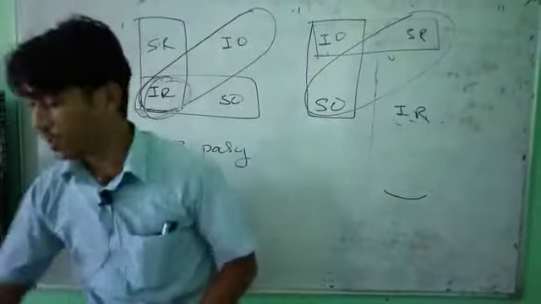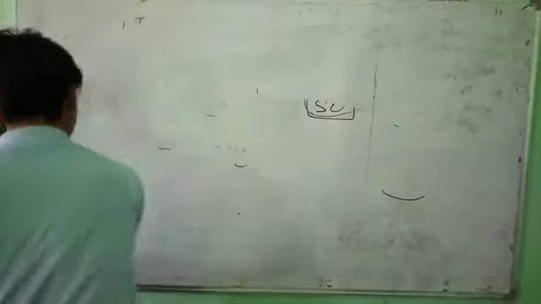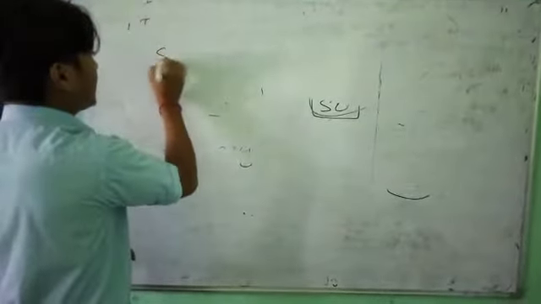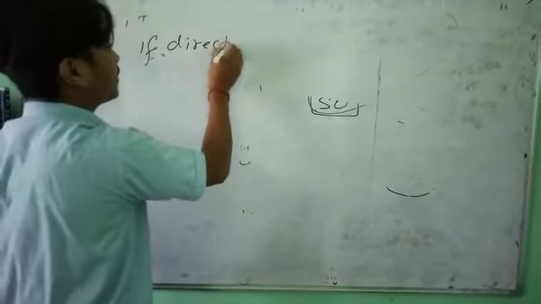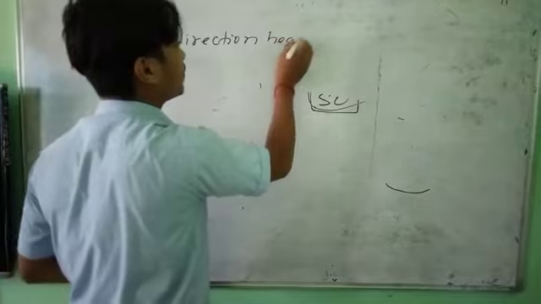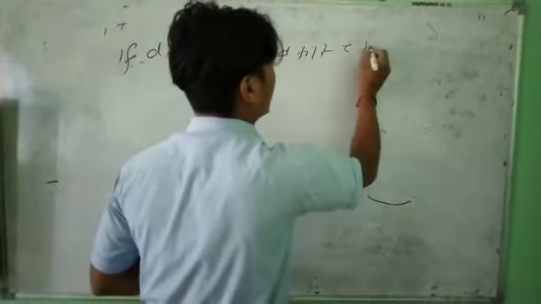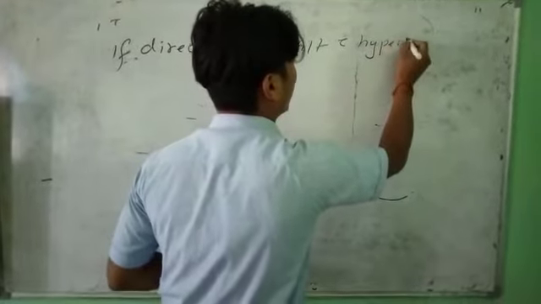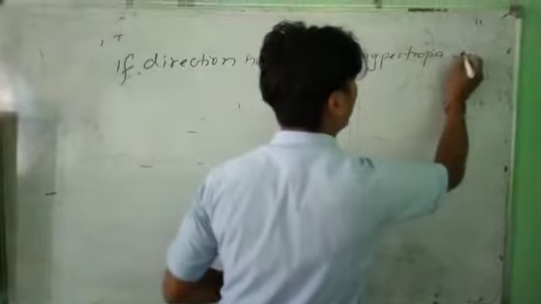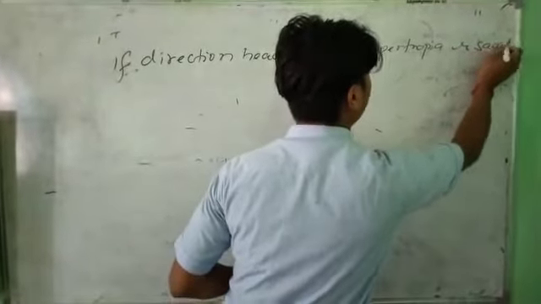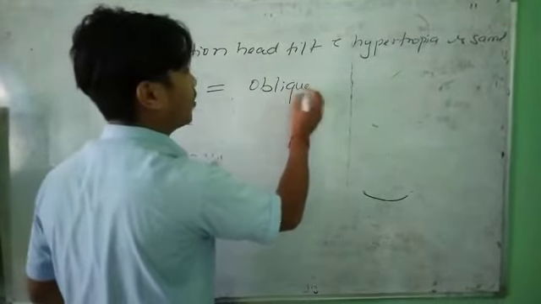Always remember a point. If the direction of head tilt with the hypertropia is the same, then we find oblique muscles are paralyzed.